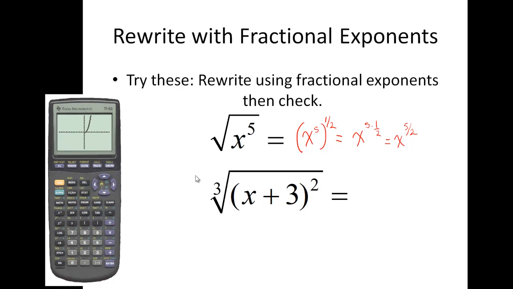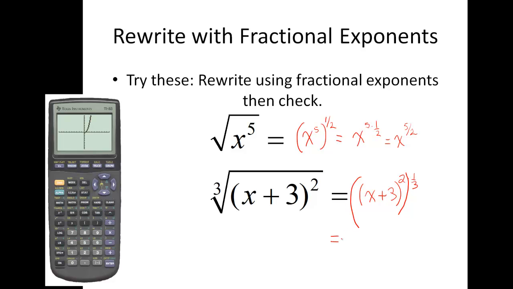X plus 3 squared. So I'm going to guess that that can be written as x plus 3 squared to the 1/3 power. So that'll be, raise that all to the 1/3 power.